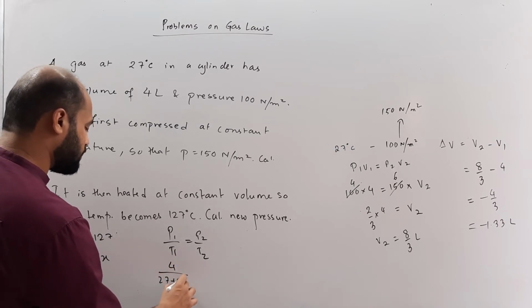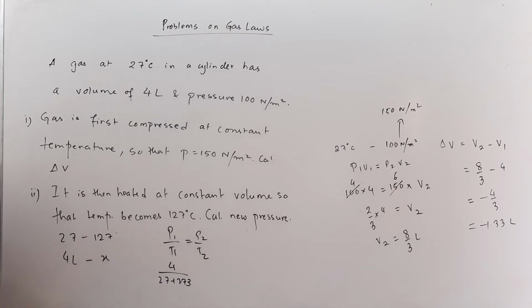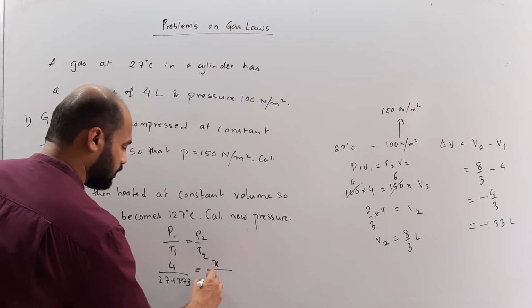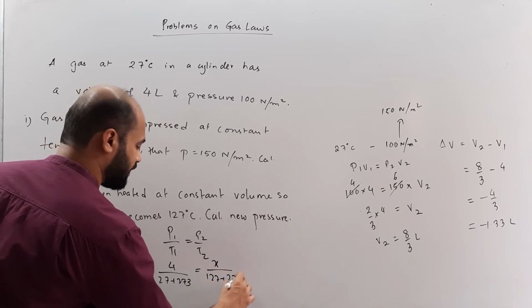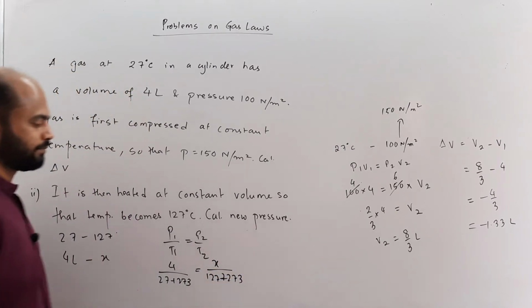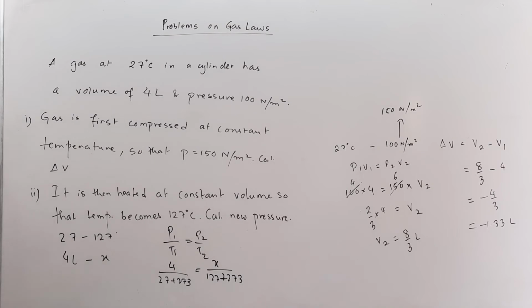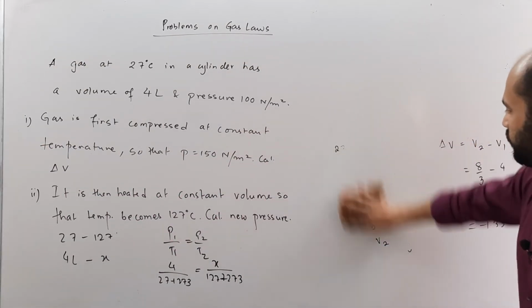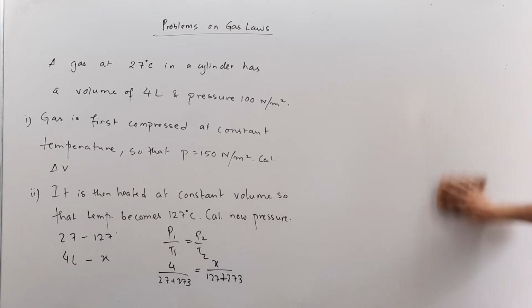So 27, 4 by 27 plus 273, because what we have to write is in Kelvin. And this also will be x by 127 plus 273. So calculating it further, we will get the answer.